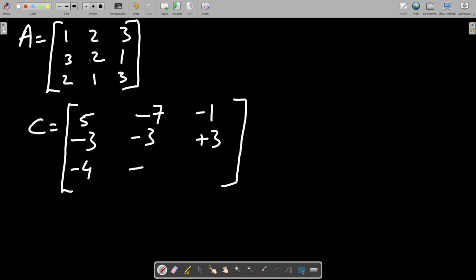Next will be 1 into 1 minus 3 into 3, so that will be minus 8 and there is another minus sign here, so this will become plus 8. Okay. Next, this entry 1 into 2 minus 3 into 2, so 2 minus 6, that will give you minus 4. Okay, got it?